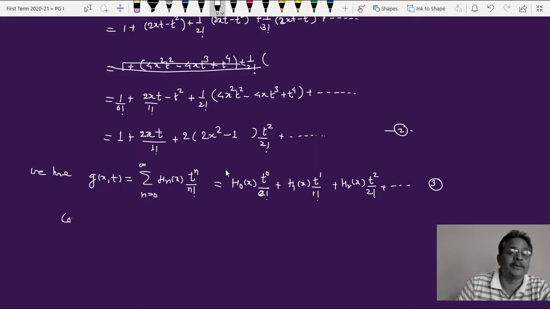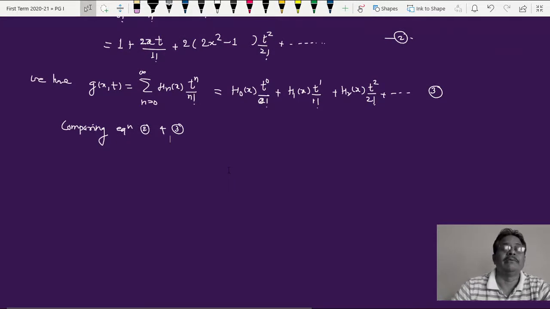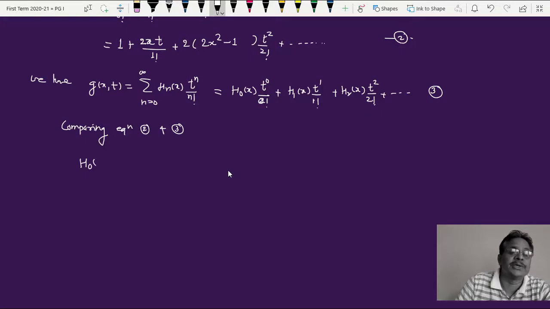So comparing equation 2 and equation 3, we will get very easily what these are. We get the first Hermite polynomial of order 0, h0 of x, equal to simply 1.